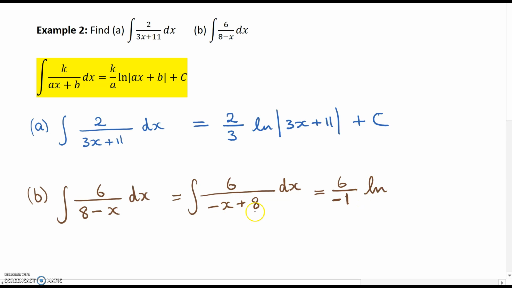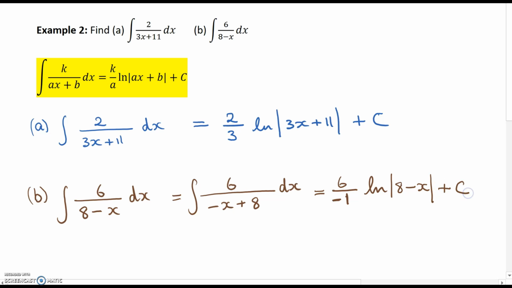So minus x plus 8. And traditionally we don't like starting with a minus. There's no reason for that other than that we've come to think that it doesn't look so nice. So instead of writing it as minus x plus 8, let's go back to the original, write it as 8 minus x. We've said already it's the same thing, so it doesn't matter in terms of the content of this. And then plus the c.